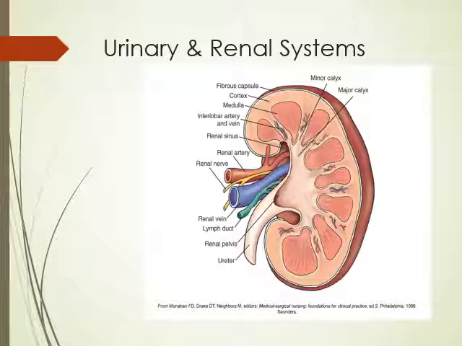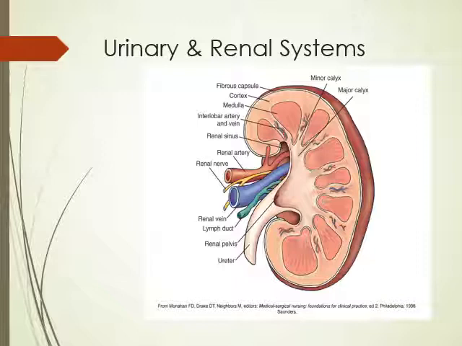Looking now at the kidney itself and the various structures, and I like this picture because you can see a lot of things going on in these structures. You can see where the renal artery is located, the location of the renal vein, and the lymph duct. You see the ureter coming out, and you can see just here above is the renal pelvis.